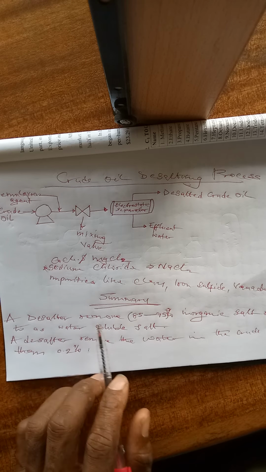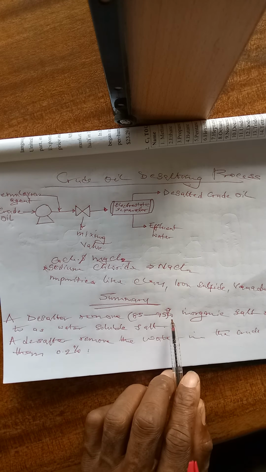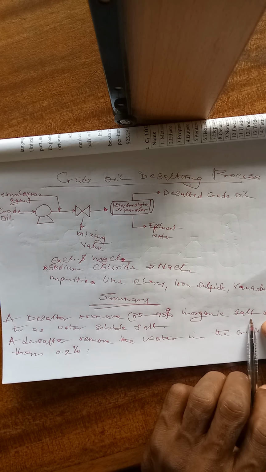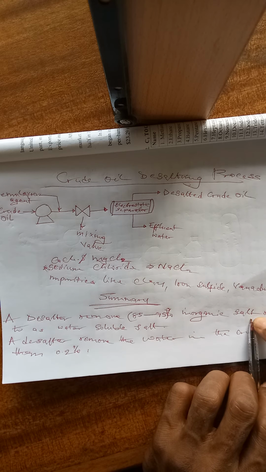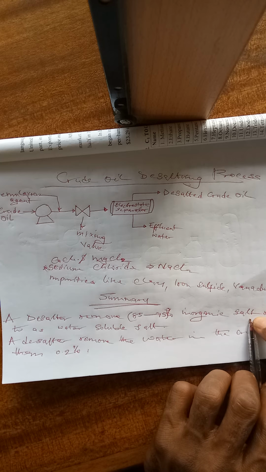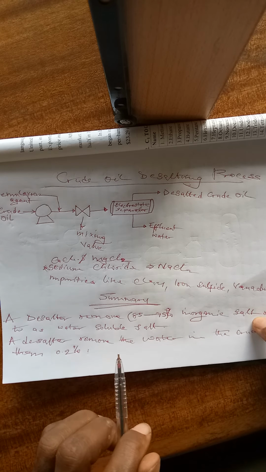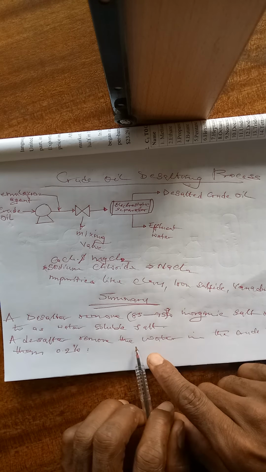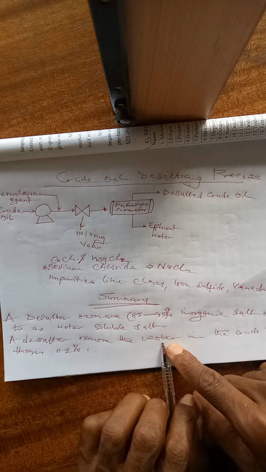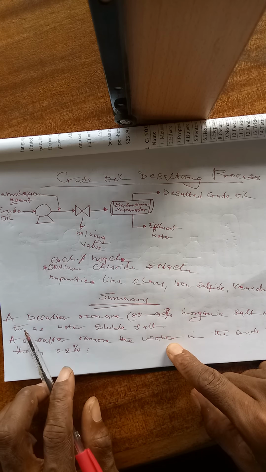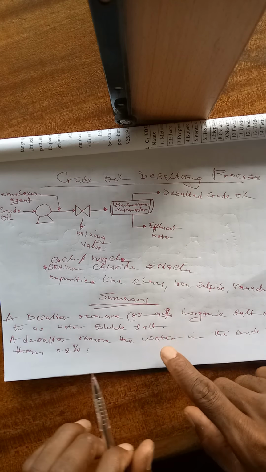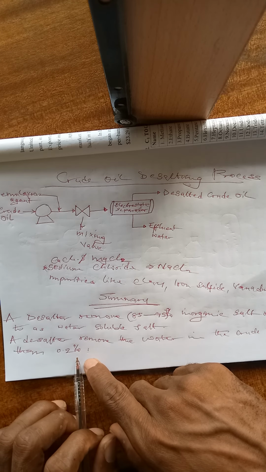We said a desalter removes 85 to 95% inorganic salt. And not only that, it removes the water present in that particular crude to less than 0.2%.